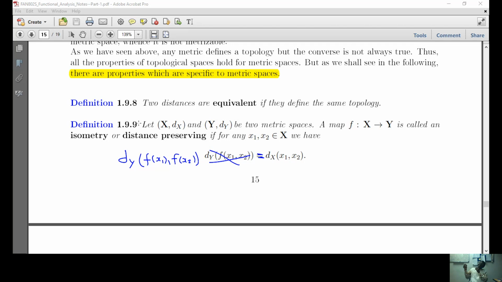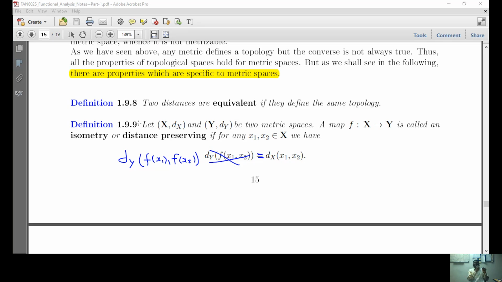Now if the distance between y1 and y2 in the second space is the same, meaning that the distance they had in the first space is exactly the same when I transform them, the distance is preserved.